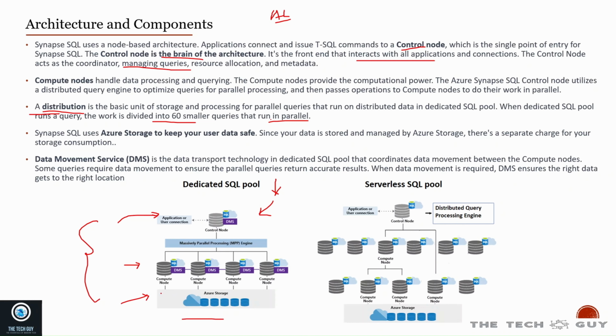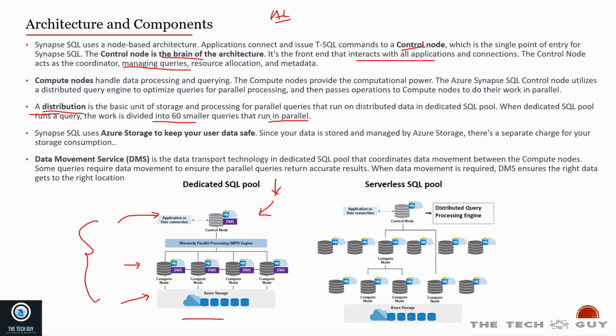So your 60 distributions will be spread one distribution per node, which means your queries will be really fast because your query is running on 60 different nodes at a time. Now, for example, you just have 4 nodes. Every node will have 15 distributions. Your queries will still be fast because your query is distributed on 4 nodes, but you still will not be faster compared to the 60 nodes.